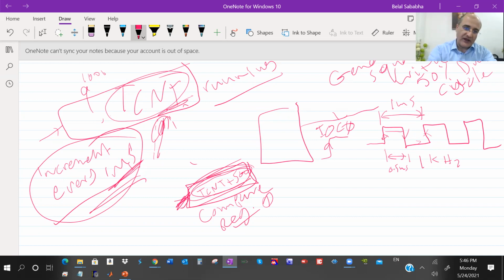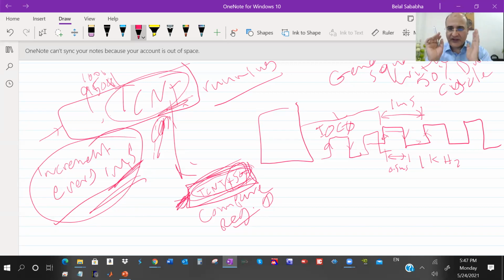So you get another copy of TCNT, for example 1501, plus 500, 2001. You store it here. After 500 counts, the values are going to match and the falling edge will occur. And this will keep happening forever.